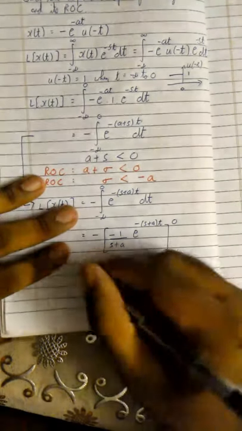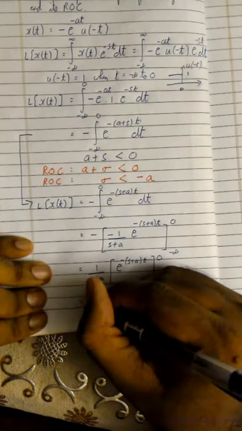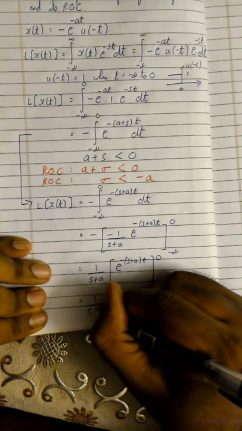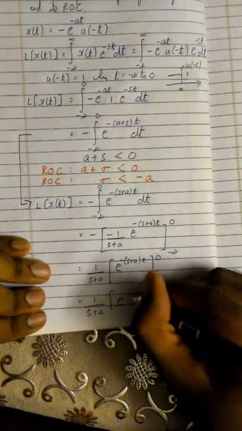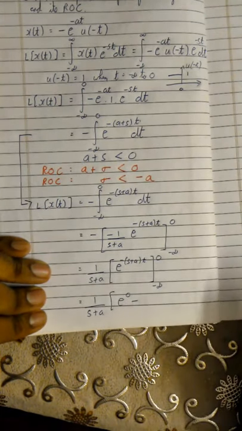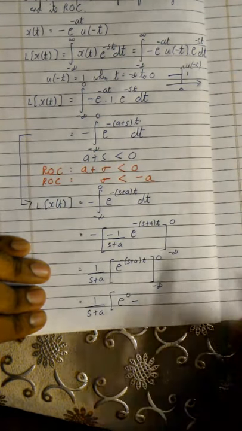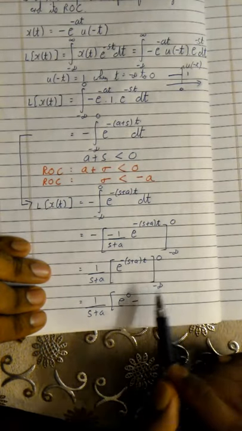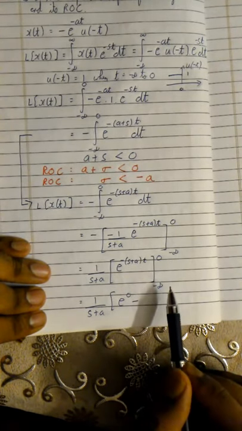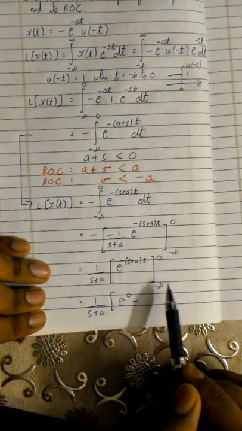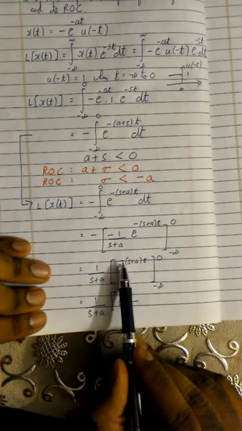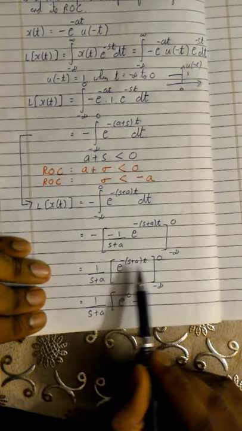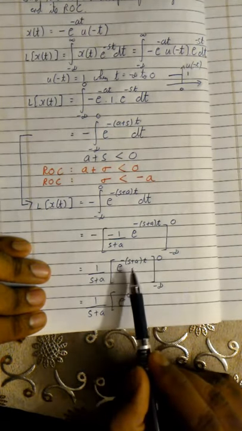So here I'm going to substitute my value. Here it is 1 by s plus a into e raised to 0 minus... So look over here. Okay, here is where many people might get confused. Everybody will think that if I substitute this minus infinity over here, then this becomes minus of minus infinity, which becomes plus infinity, so this will become e raised to infinity.